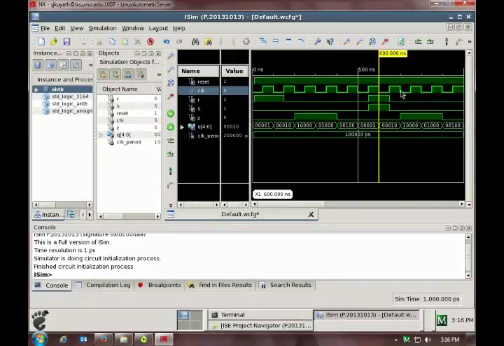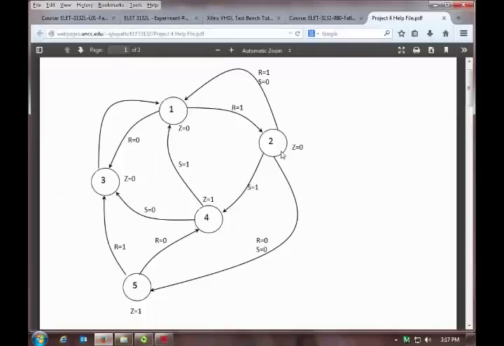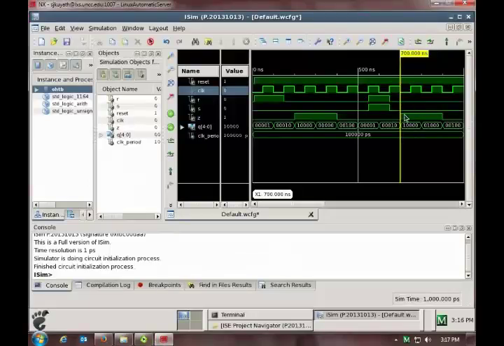And then the next transition in 2, Z is 0. I was in 2. I'm not quite sure why it goes to 5 there. But anyway, that's where it went to. So that's it. I hope that helps get some of this done.